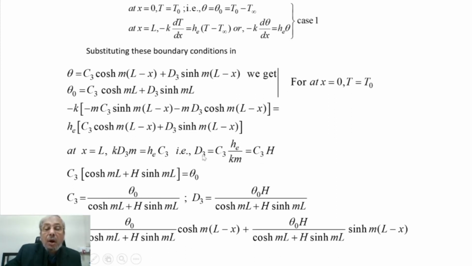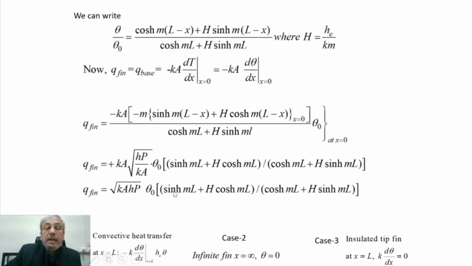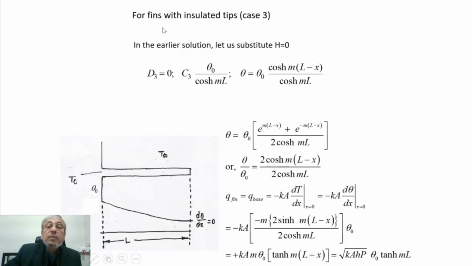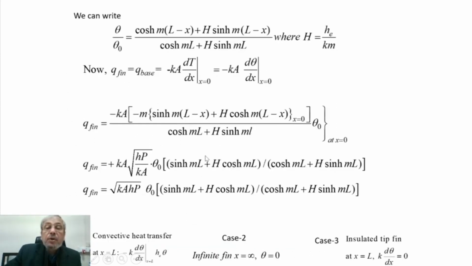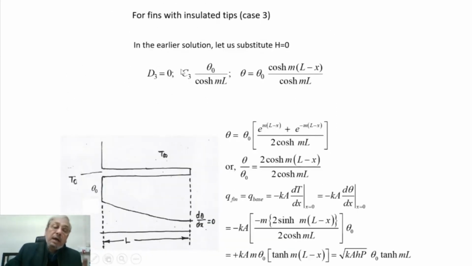So this uppercase H parameter will be 0, and in this expression, uppercase H being 0 means d3 will be 0. So in the foregoing analysis, d3 equal to 0 will give c3 equal to theta naught by cosh(mL), which will in turn produce theta equal to theta naught.